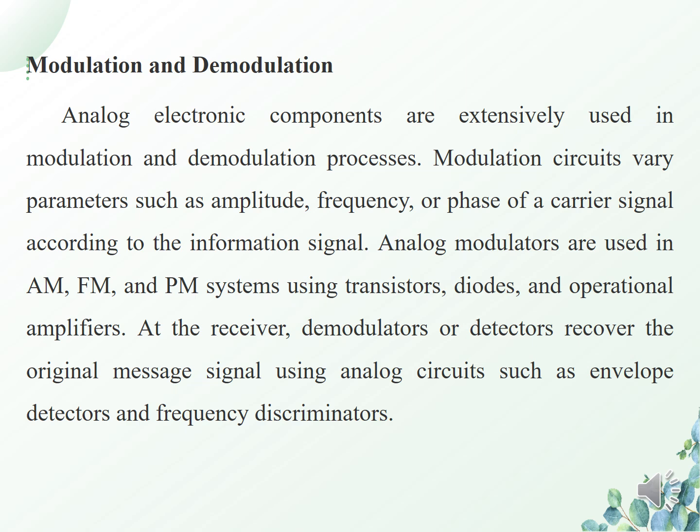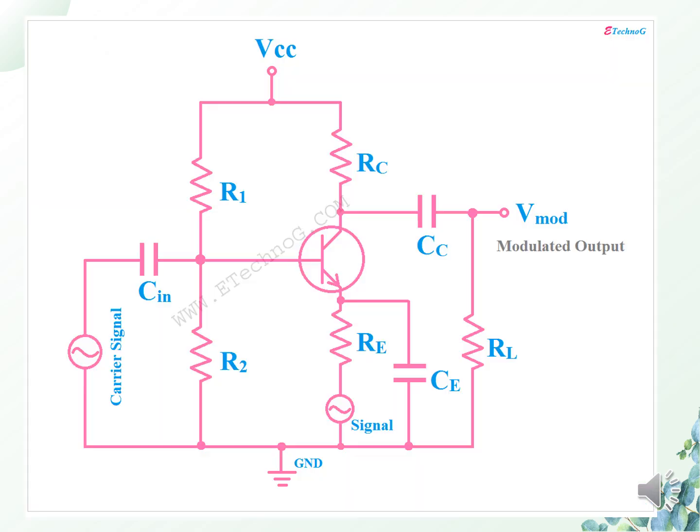And next is modulation and demodulation circuits. All the modulation and demodulation circuits are designed using analog components. Modulators such as amplitude modulation, frequency modulation, phase modulation, and their transmitters and receivers are all modeled with analog circuits.